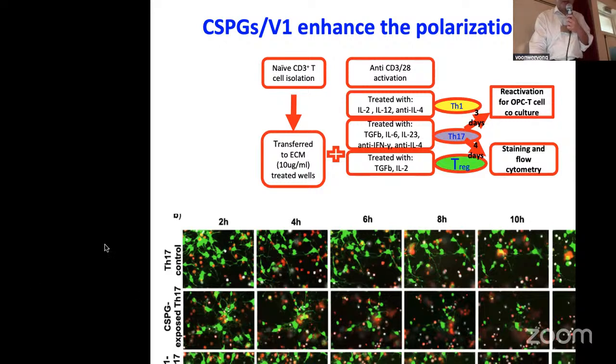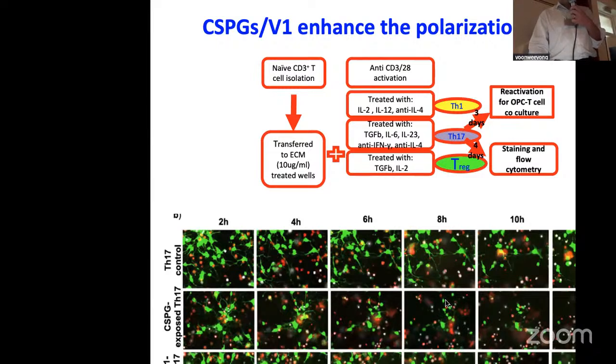And I would say that these green cells are oligodendrocyte precursor cells. The presence of Th17 cells that have some cytotoxic potential besides pro-inflammatory potential will lead to some death of these OPCs over the course of time. But if these Th17 cells have been exposed to CSPGs or versican V1, you see that the death is promoted. These cells are even more toxic.